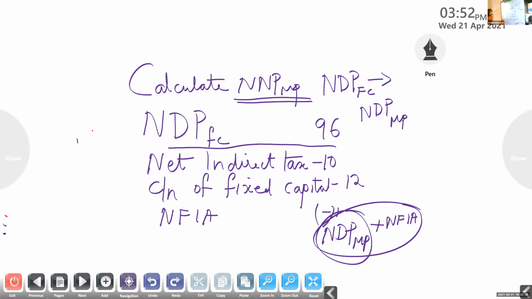Somebody said minus indirect tax, I mean plus subsidies. That gives you NDP-FC, which is what they have given here. But what we have to get here is NDP-MP. So what difference can you see between these two? Look at the relation between them. What is added, what is not there.